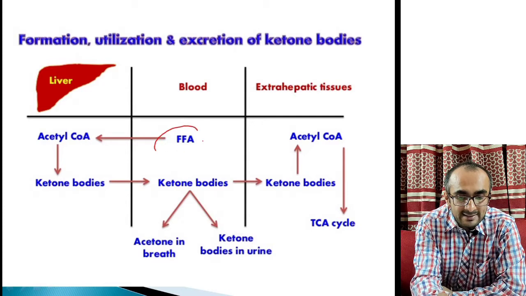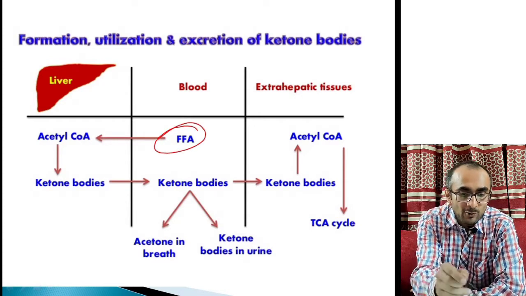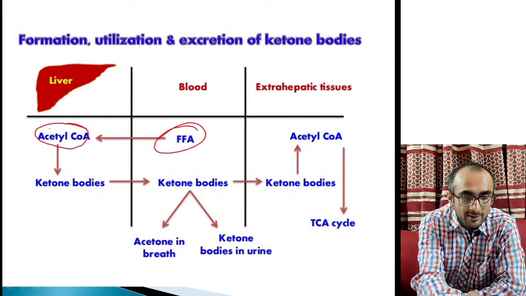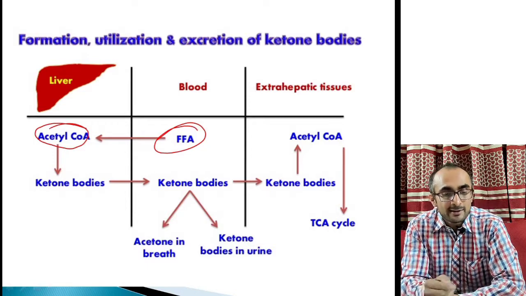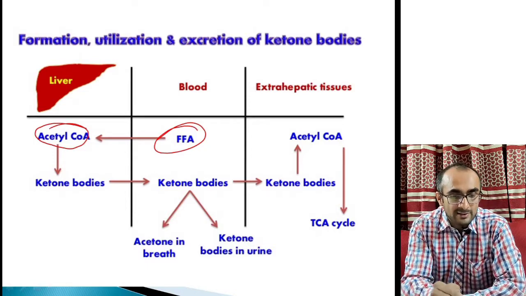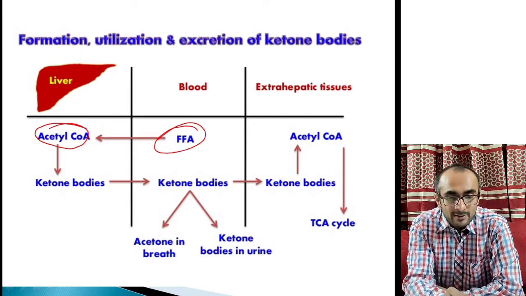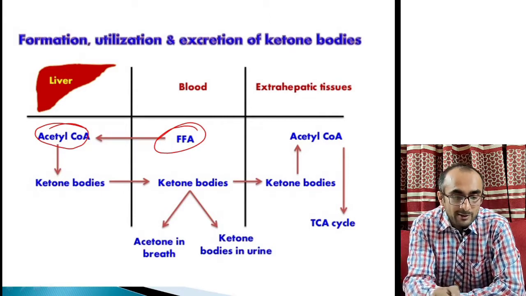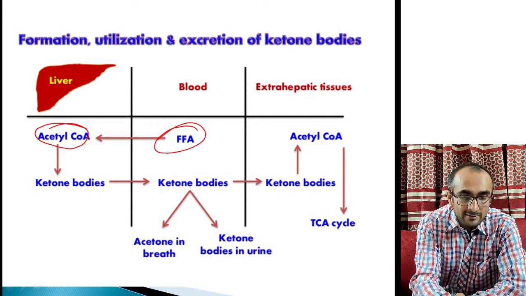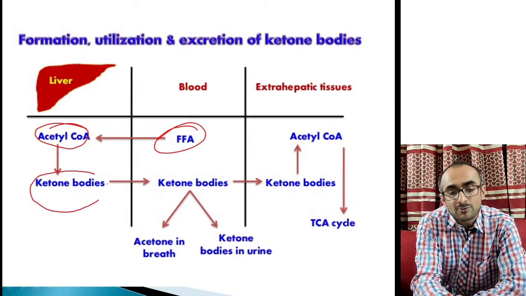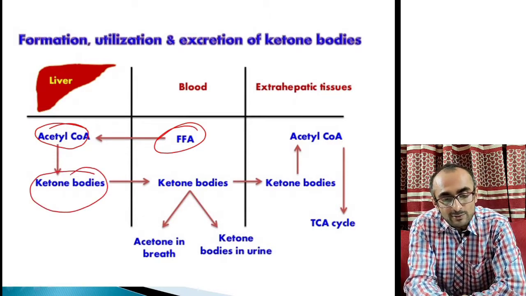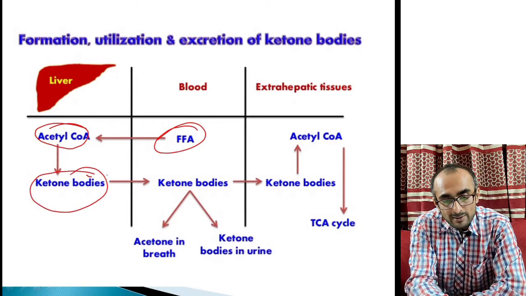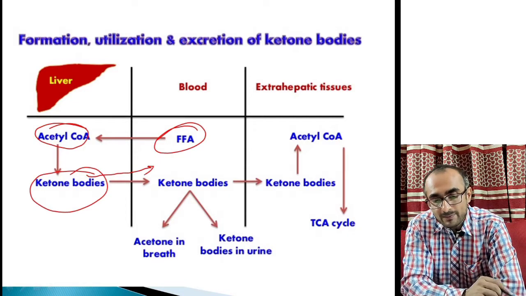So free fatty acids, when they are increased in blood, go to the liver and are converted into acetyl-coenzyme A in the mitochondrial matrix of hepatocytes. And from there, if glucose is not available, acetyl-coenzyme A is used for synthesis of ketone bodies. These ketone bodies from the liver are sent to blood.